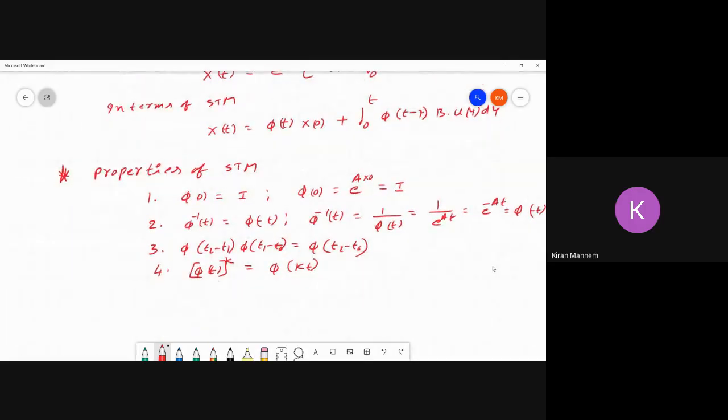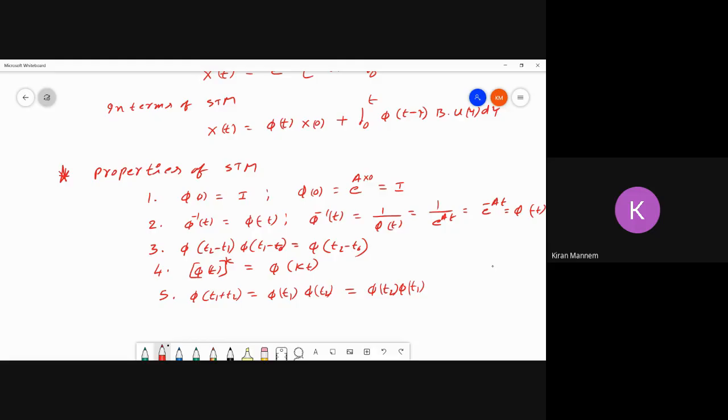And the last property, the fifth one: pi of t1 plus t2 is equal to pi of t1 into pi of t2, or I can write it as pi of t2 into pi of t1, right?